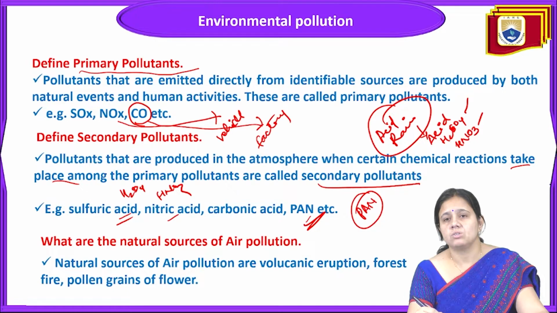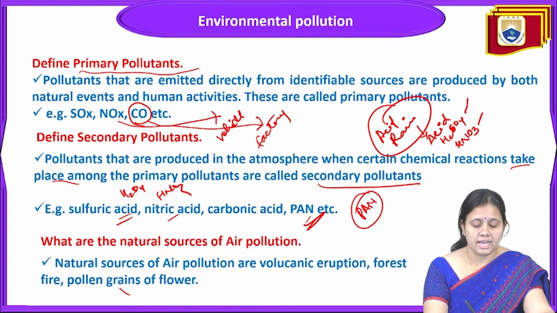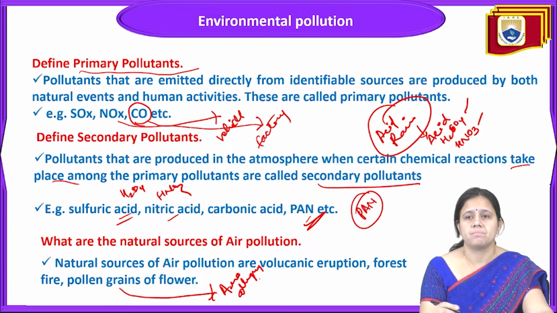Now next, the sources of air pollution. What are the natural sources of air pollution? When we talk about air pollution, some natural sources are also there. The natural sources are volcanic activities, forest fire, and pollen grains of flowers. Pollen grains of flowers are aeroallergens present in the atmosphere.